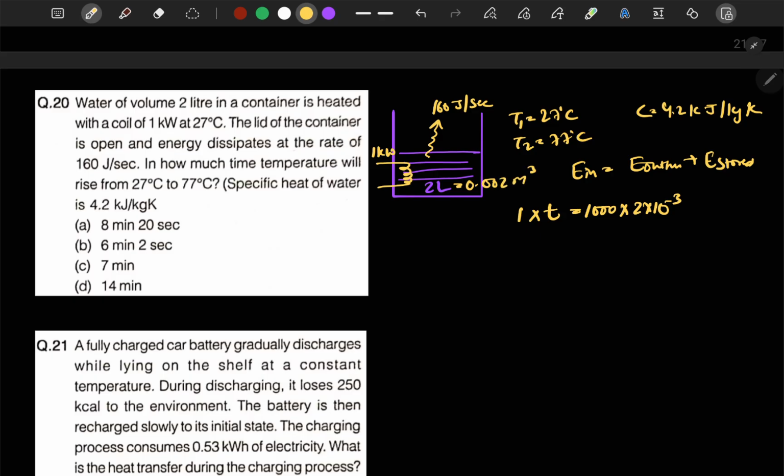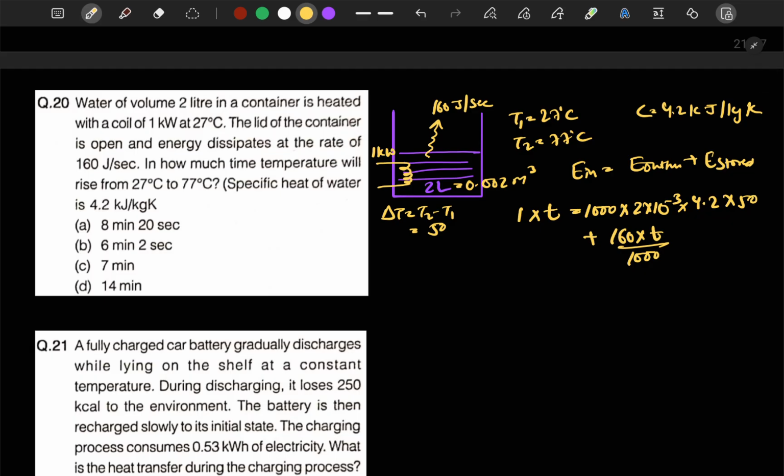Rho into V is mass, into Cp, which is given as 4.2, into delta T. Delta T is T2 minus T1, which is 50. So this is the energy stored, plus the energy released, which is 160 into T divided by 1000. Why 1000? To convert it to kilojoule.